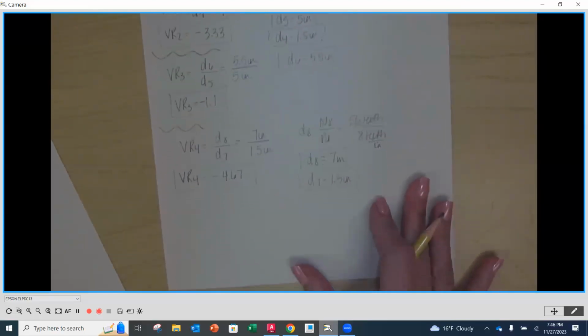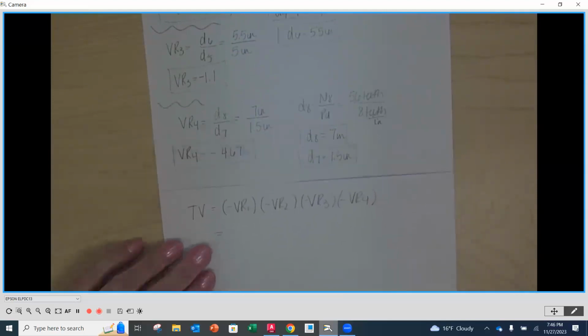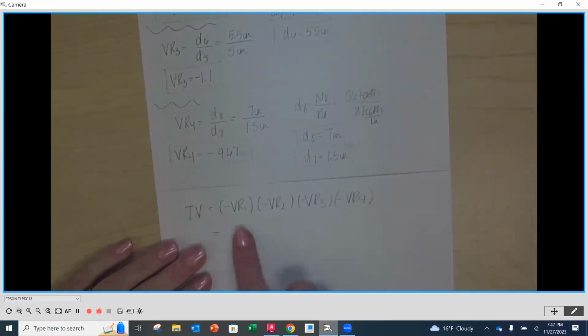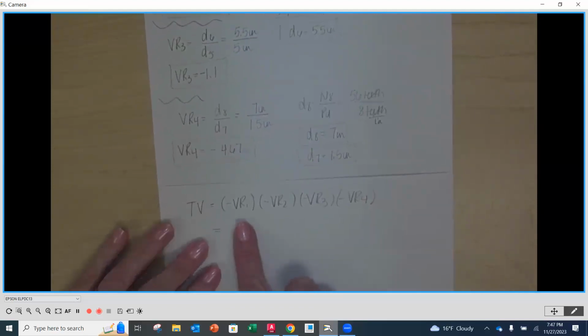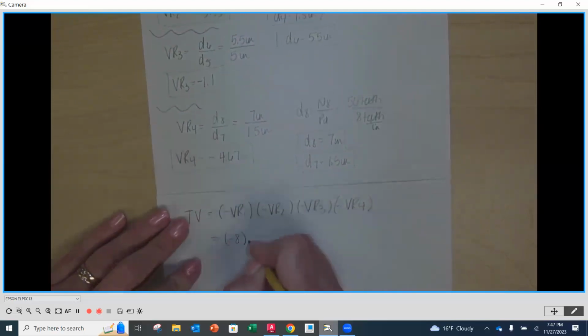All right, so I'm going to move to train value using the velocity ratios. So train value overall is going to be multiplying each one of the individual train values together. The first train value was -8. Second train value was -3.33.